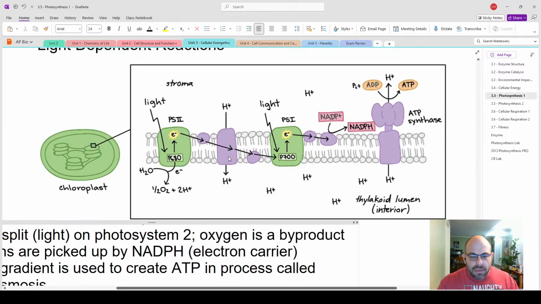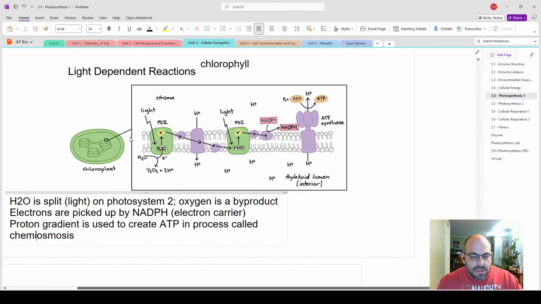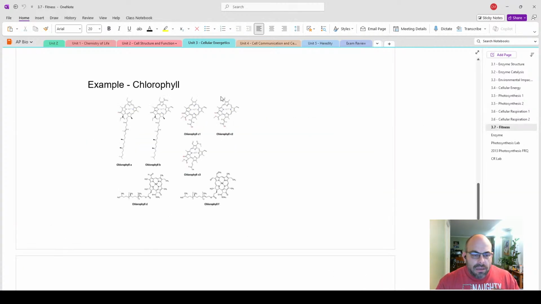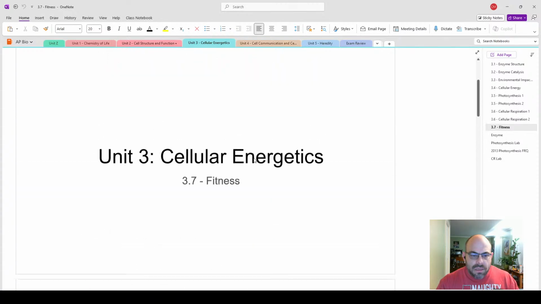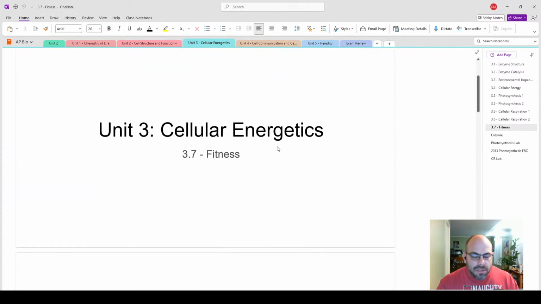I don't remember exactly which one it is, and it doesn't really matter. But it's another example of fitness. It's something that works, that does a job well, and you find it in all organisms because it does its job well. So basically, this section is this unit's nod to evolution.